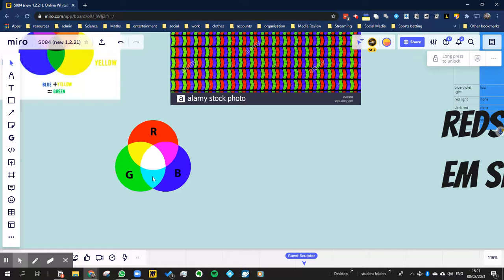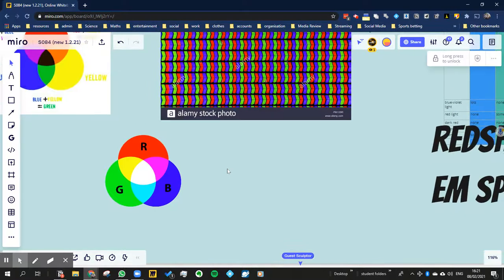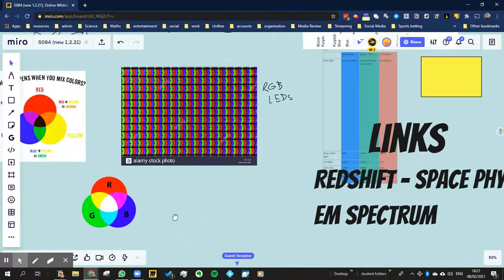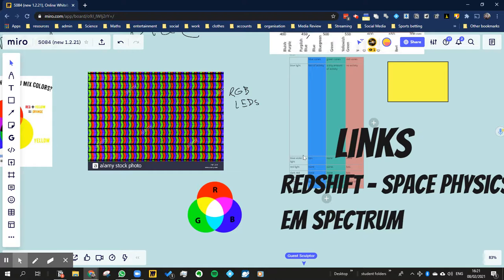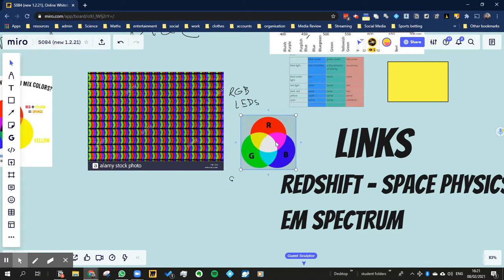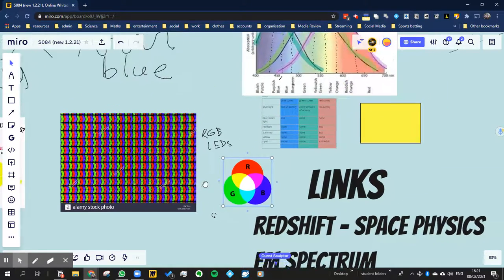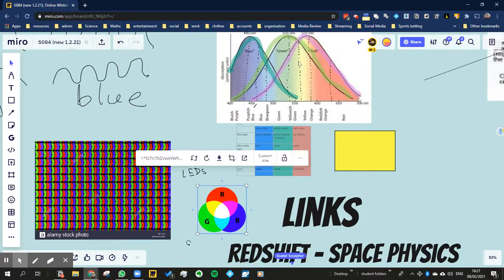So clearly mixing all the colours would make white. So we can mix light colours to produce that. But that's because of how the cones and rods are working inside our eyes.